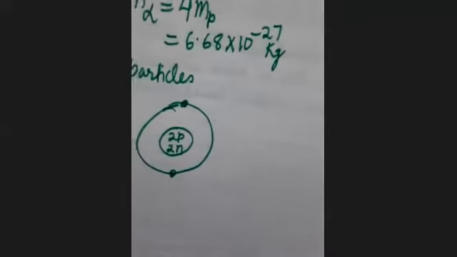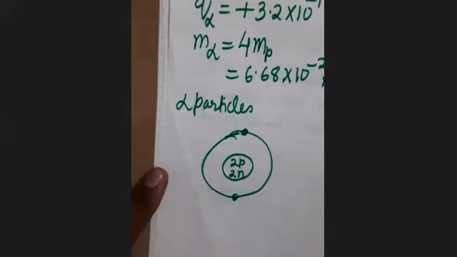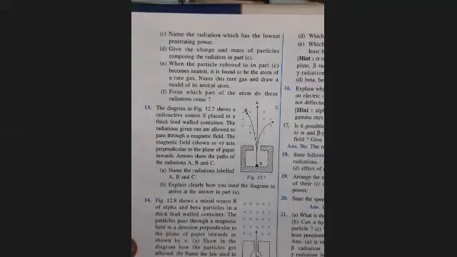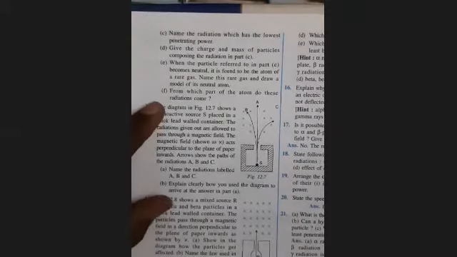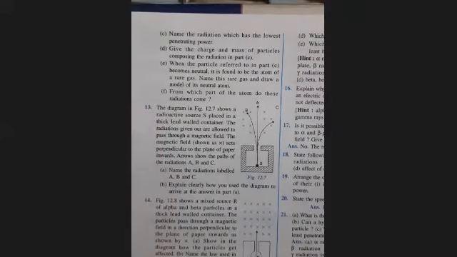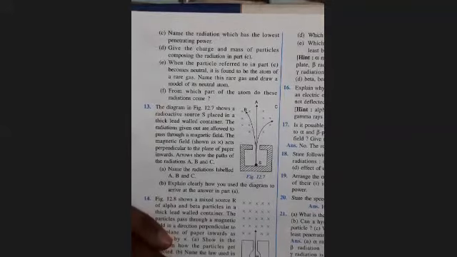Draw a model. Model already I have drawn here. It's clear. This is the model. Now from which part of the atom do these radiations come? So it is from the nucleus. They come out from the nucleus. Now after this, question number 13. It is a very good question.